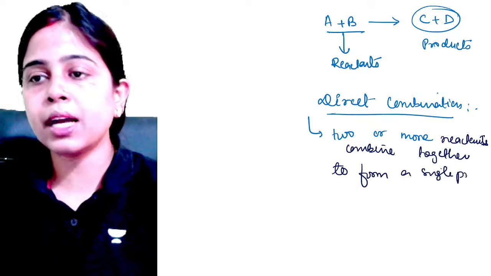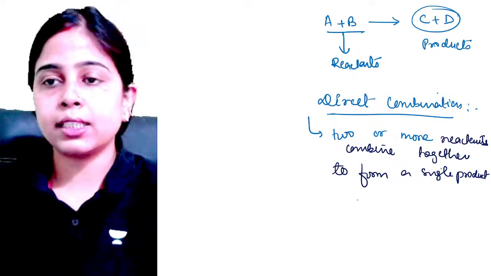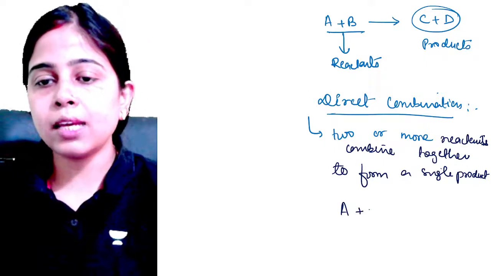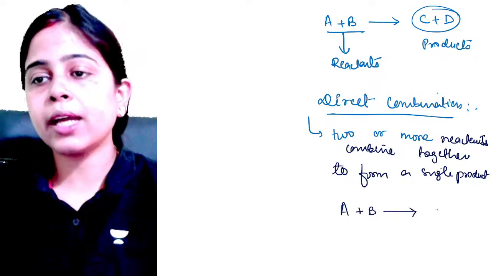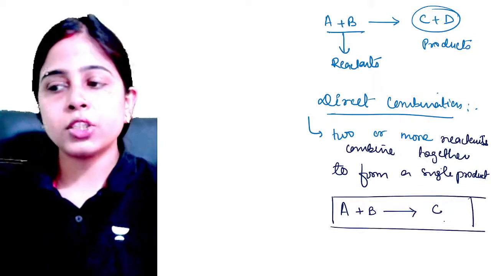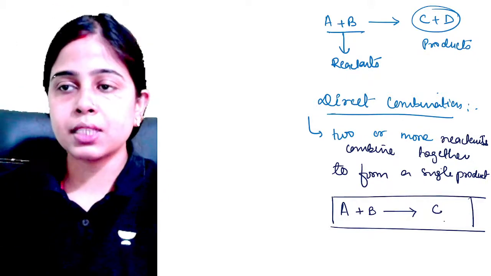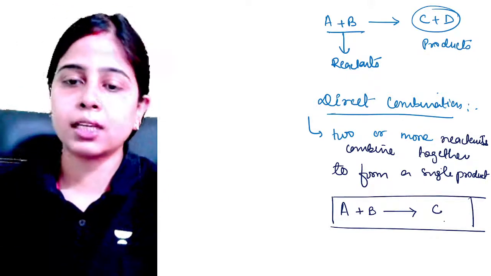For example, your A plus B combining together to give you a C. So this is a combination reaction. Always remember, in this, always two or more substances combine together to form a single product.